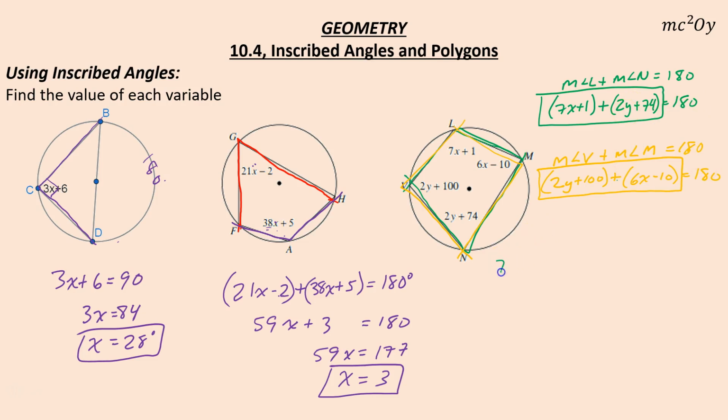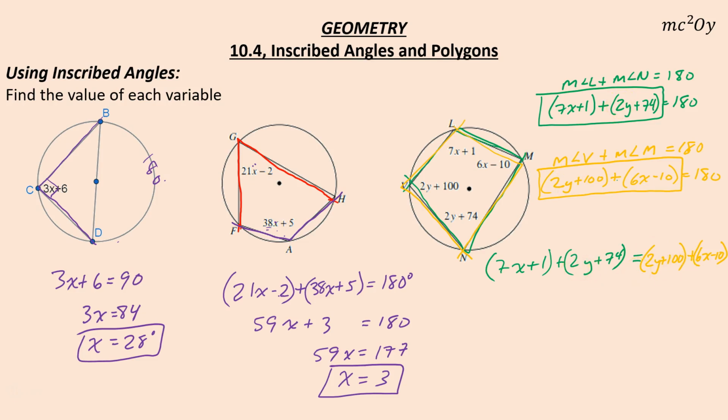So that would mean that 7x plus 1 plus 2y plus 74 has to be equal to 2y plus 100 plus 6x minus 10. Now, sometimes this is helpful, sometimes it's not. The reason why I can do this here is because I recognize right away that they both have two y's and they're going to be on opposite sides.